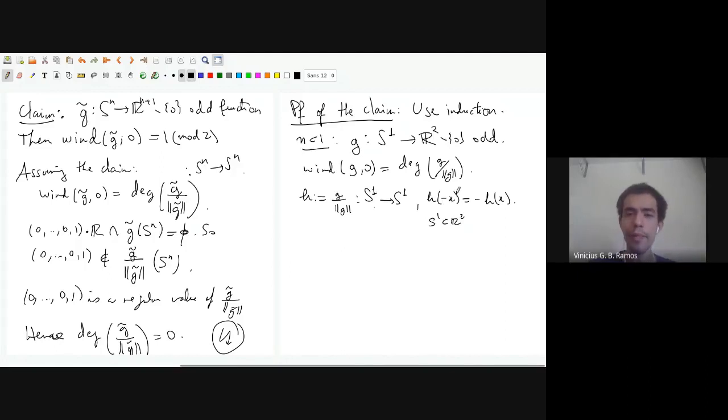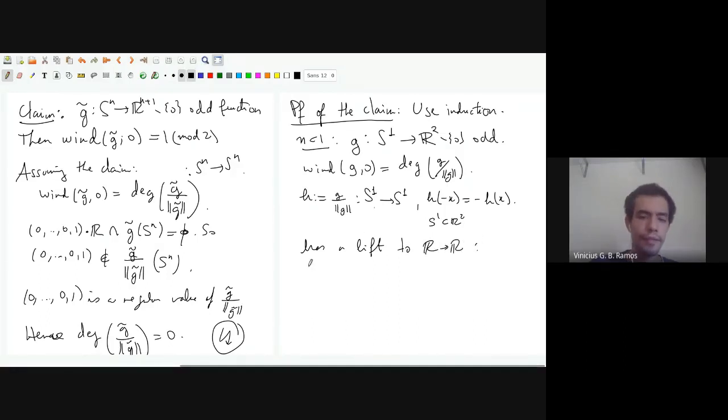The point is that when I have a function from S1 to S1, I can look at the universal cover of S1, which is R, and this gives rise to a lift. Any function from S1 to S1 has a lift to a function from R to R.